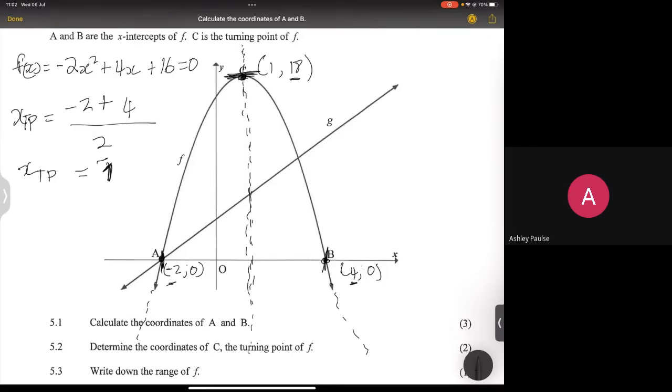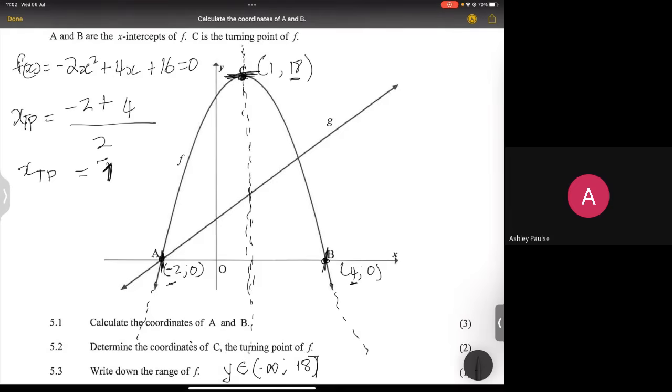It would be that y value there, 18. So in this case, what would be our range? Our range would be y is an element of minus infinity, up until it gets to the maximum point. It does not exist beyond y equals 18.